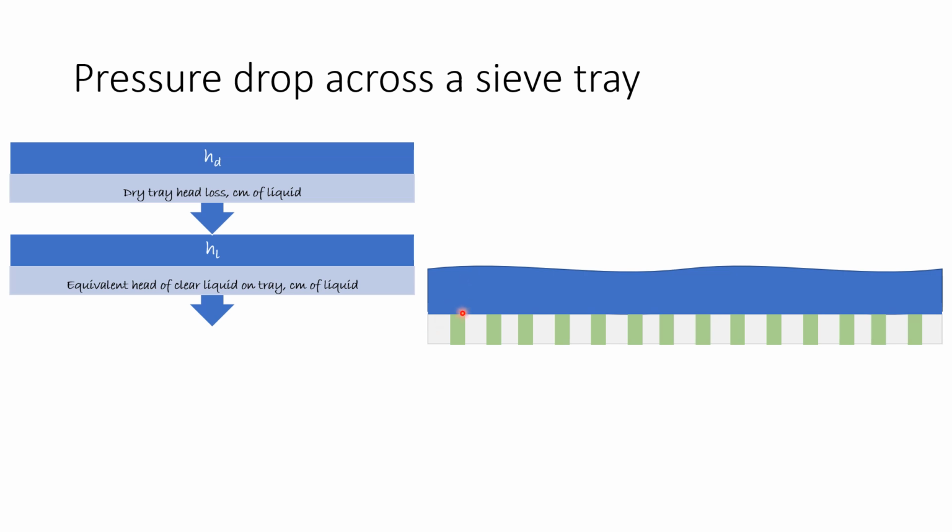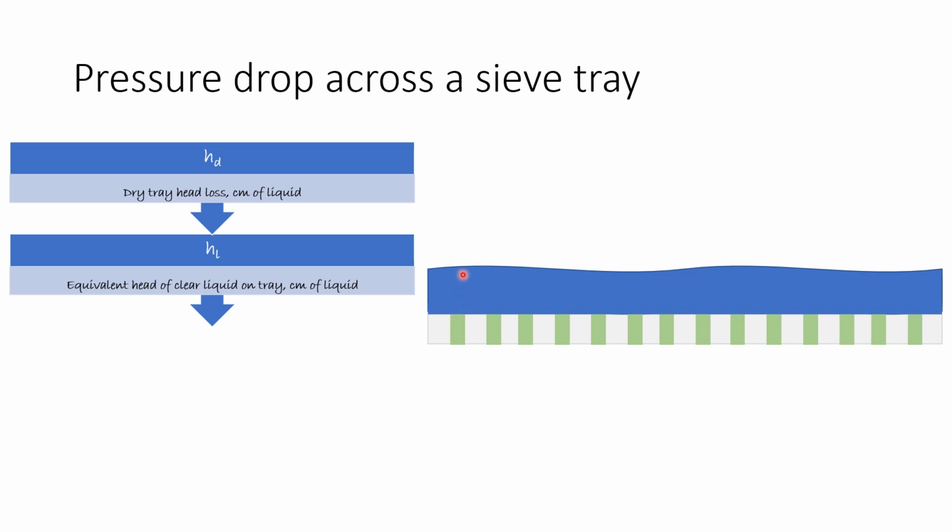So the weight of the liquid will be on top of the gas, and therefore in order for the gas to pass, it will have to carry the liquid upward in order to be able to flow through it. So this is basically HL, which is the equivalent head of clear liquid on the tray.